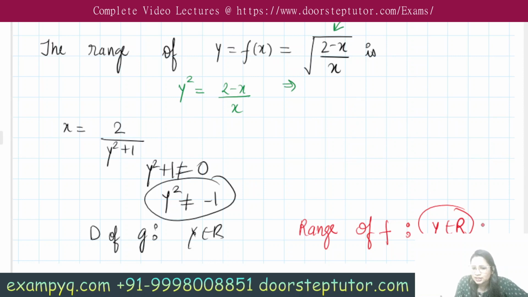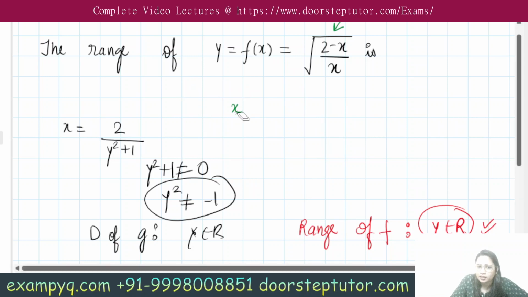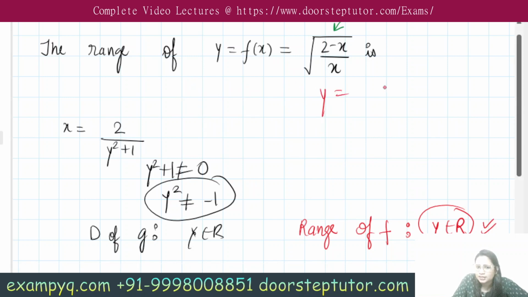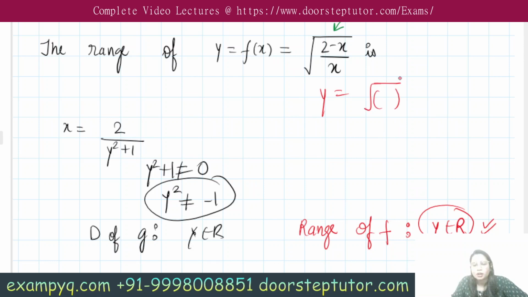Since by algebraic manipulation I got y belongs to R, but if I go to my actual function and look at it, since y is equal to the square root of something, and y belongs to R includes all negative numbers also, this tells us that y will always be greater than or equal to 0. But the range of f that we calculated through our manipulations is coming out to be this.